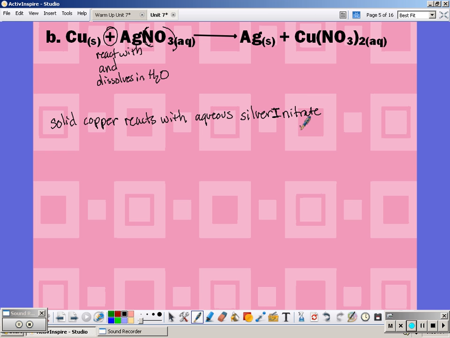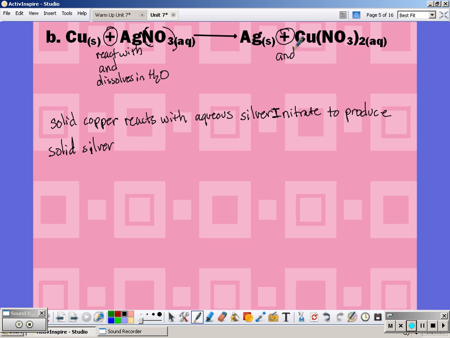The yield, or the arrow, we could use any of those words from the previous slide. Yields, produces, forms, turns into, makes. I'm going to use the word produce. Solid silver. Now the plus sign as a product, the only word that you can use is and.